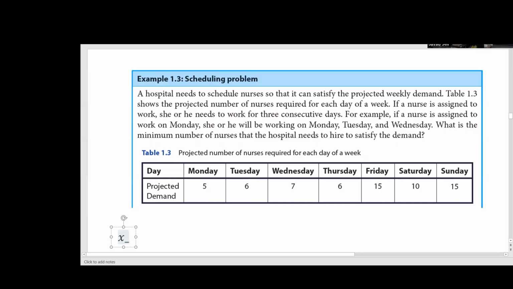What I was telling you is X number of nurses to hire. There is no way for me to check that. If I said 20, you want to check to see if 20 is enough or not, what would you do?